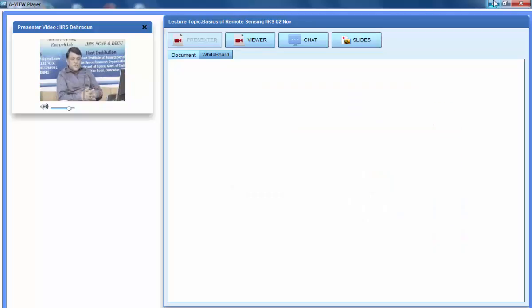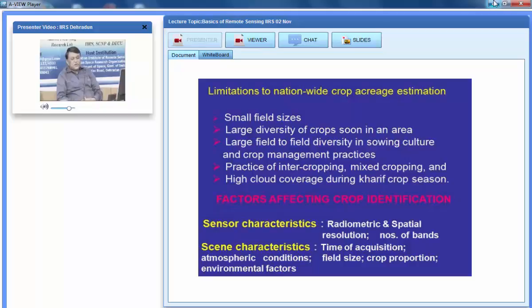So what is the limitation? The limitation, particularly in India, is small field size. In India we have on an average 0.2 to 0.3 hectare field size. Of course, in the Indo-Gangetic plain, the field size is big, but covering other parts of India, field size in totality is less.